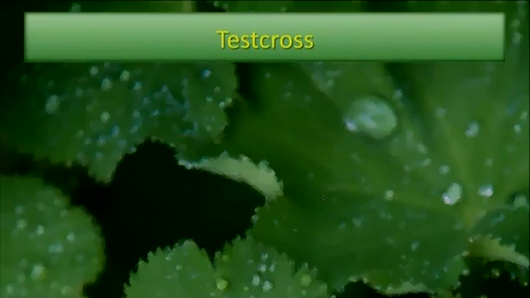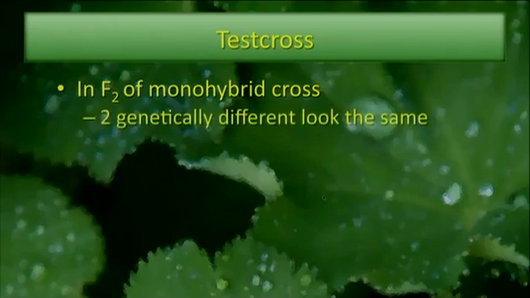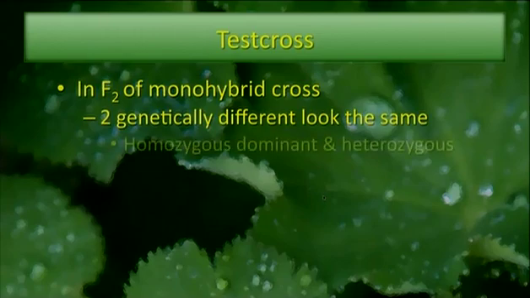Now, to do a test cross, if you have the F2 of a monohybrid cross, remember we talked about the monohybrid cross, the tall times the dwarf. You have 2 genetically different plants that actually look the same. You have the homozygous dominant, capital T, and the heterozygous individual, big T, little t.